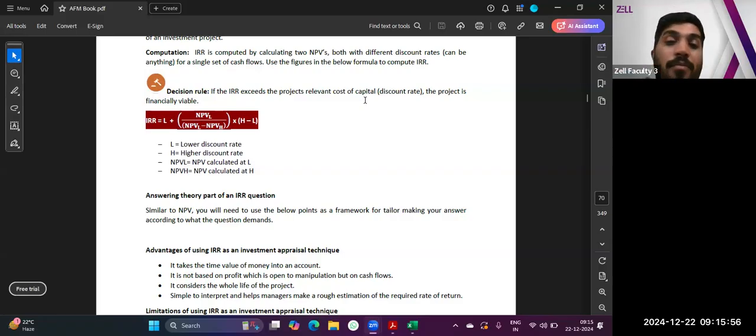But from an AFM standpoint, we also need to be mindful that this is a professional level paper and it's a time-constrained paper as well. So we need to do our time management effectively so that we can finish our paper. That's why from an exam standpoint, assume between 1 to 20%. Clear?